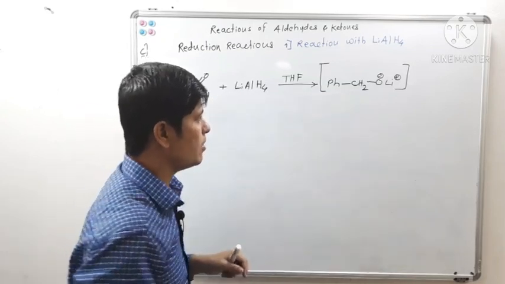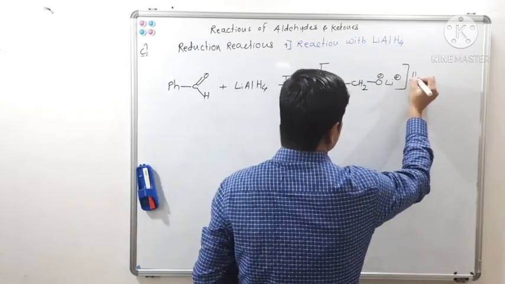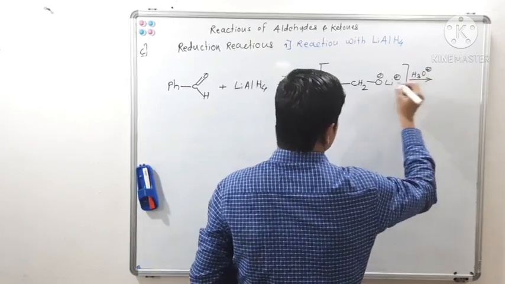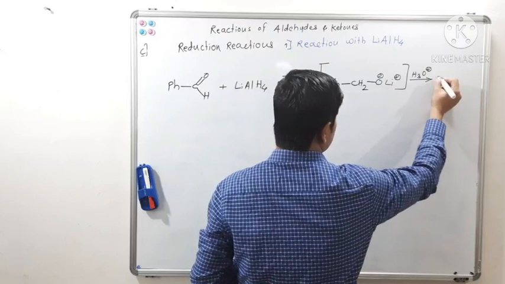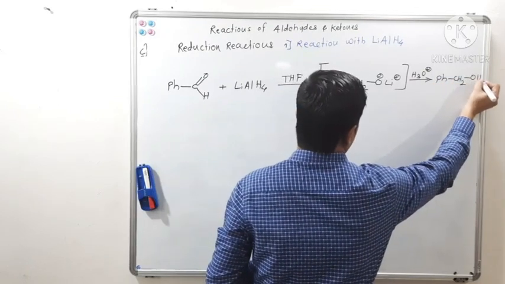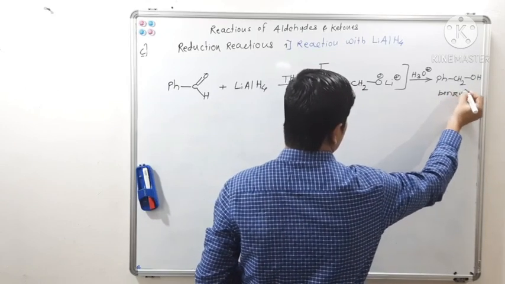You will get this type of intermediate in the first step, and this intermediate on reaction with H3O+, that is dilute HCl, gives an alcohol as a product. So this is benzyl alcohol.